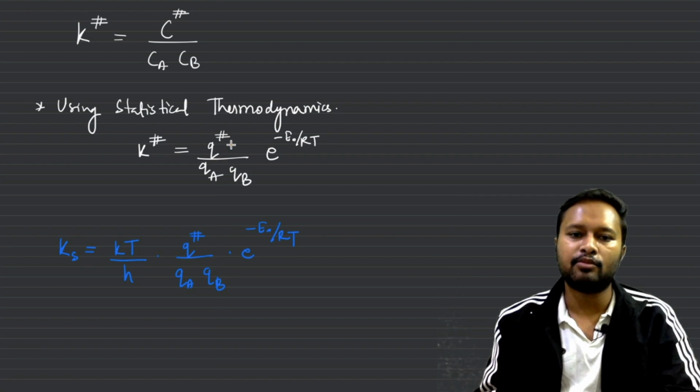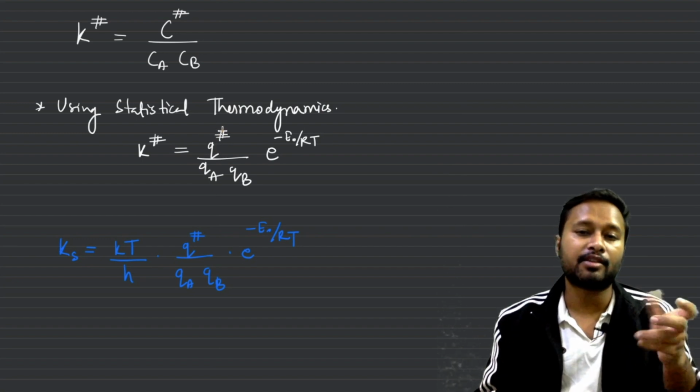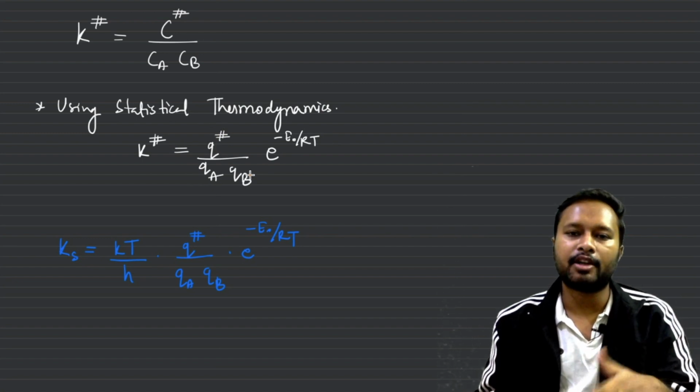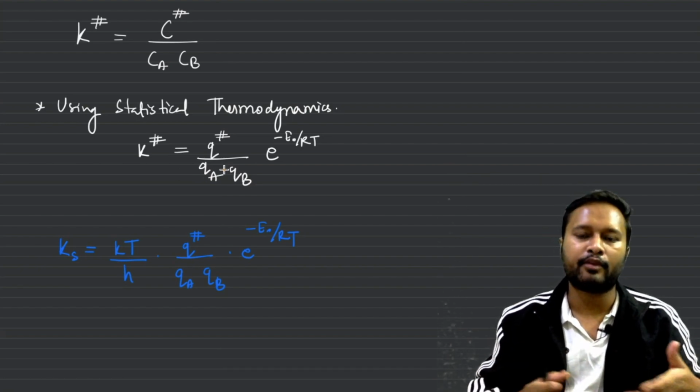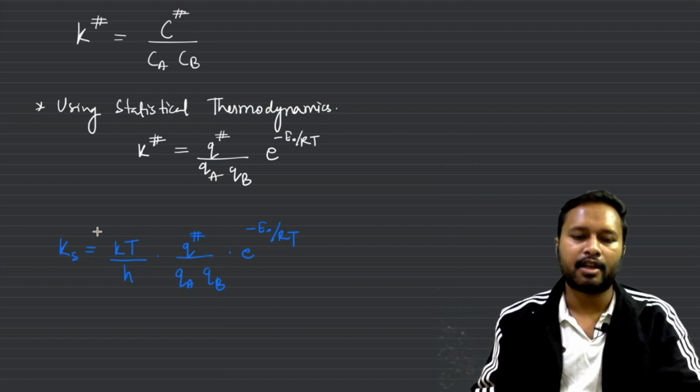That will be given as Q# divided by Qa Qb, e to the power minus Ea by RT. Now Q# is the partition function of the activated molecule, and Qa and Qb are the partition functions of A and B. This comes from statistical thermodynamics. It has been included over here to find that out according to the transition state theory.